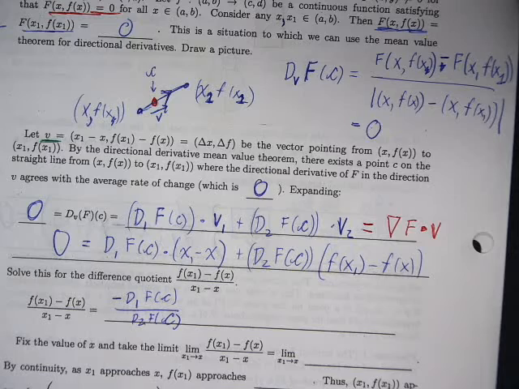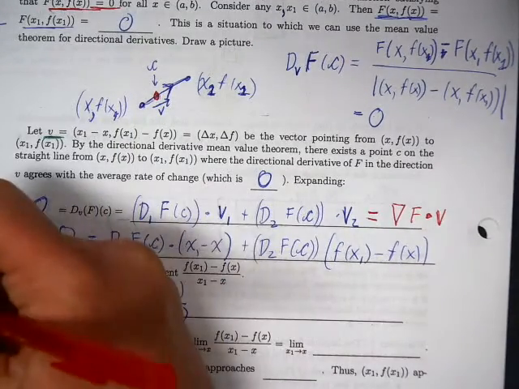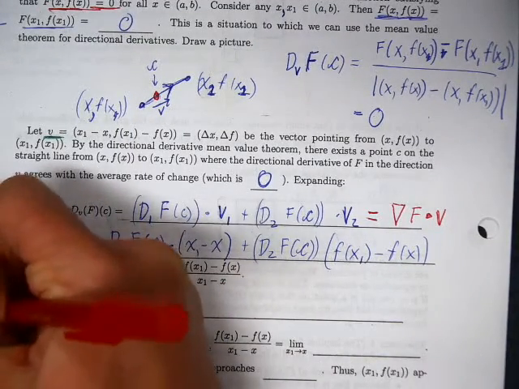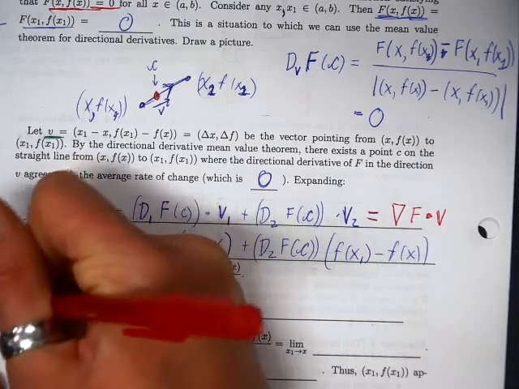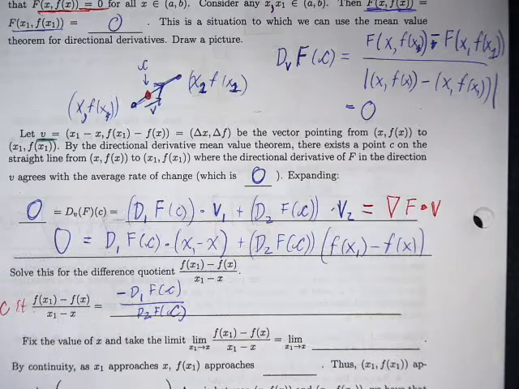Now, remember, we want to compute, so let's actually just quantify this. For every choice of x and x1, there exists a choice of c, strictly between those two, on the straight line between those two points, such that that happens.